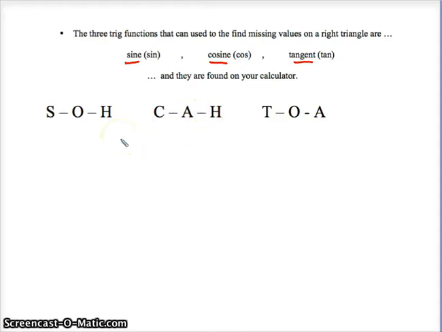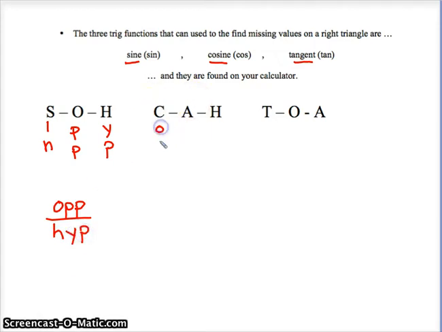Now, a great way to remember what sine, cosine, and tangent represent is to remember the phrase SOHCAHTOA. SOH stands for sine is the opposite side over the hypotenuse. I'll write it out like this: the opposite side divided by the hypotenuse.